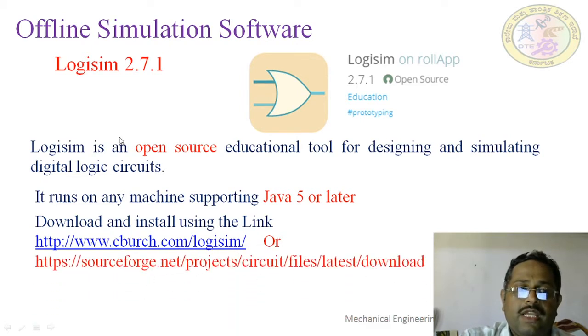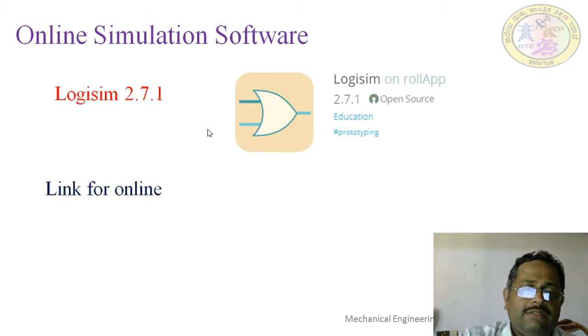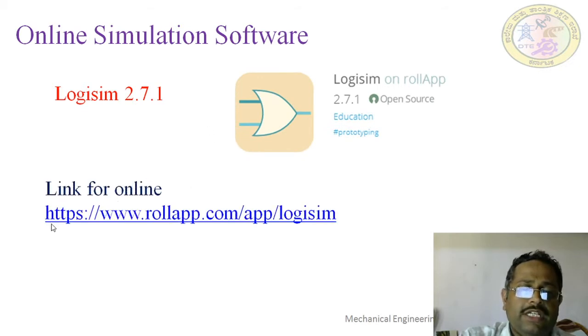Next, we will see the online simulation software. Logisim 2.7.1 is also available online. We can directly simulate without installing, and it can be accessed from this link, rollup.com/Logisim. Next, one more online simulator is CircuitVerse.